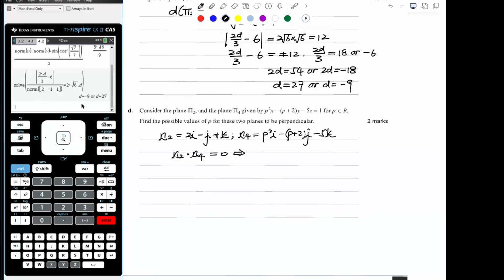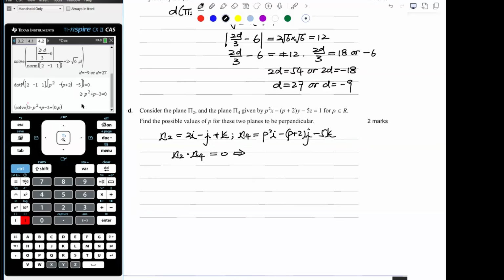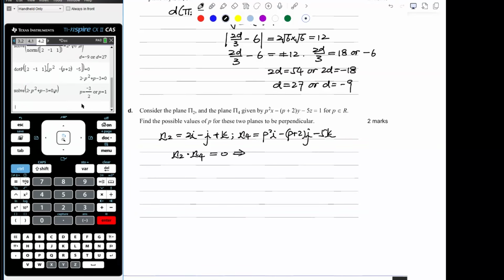We can create a dot product equation: 2, minus 1, 1 dotted with P squared, minus P plus 2, minus 5 equals 0. So we can solve that equation for P, and then you get minus 3 over 2, or 1, okay?